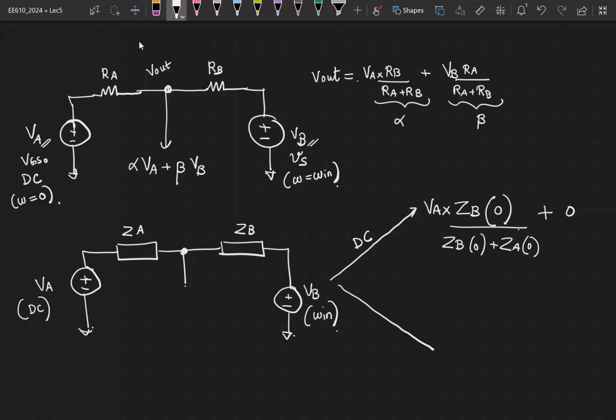Now, if I solve this for omega n, what do I get? Tell me the contribution from VA. 0 plus VB, whatever is the amplitude of your sinusoid, into ZA at omega n divided by ZB at omega n plus ZA at omega n.